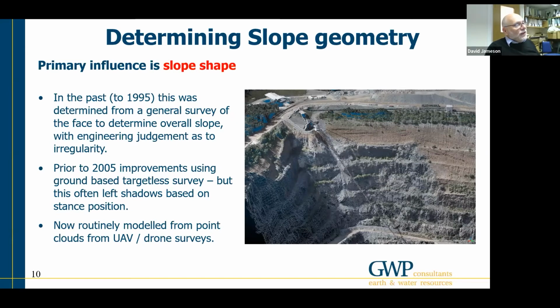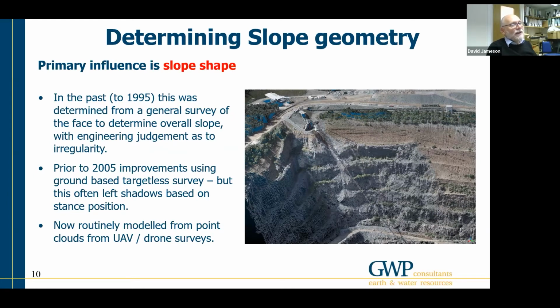In the past, and when I say the past, I'm talking about the 1990s, there were some early rockfall models, and the overall slope was generally determined from crest and toe positions from surveys. The engineer had to go out onto site, look at each individual face, and make an estimate of how much variability in slope there might have been on it.